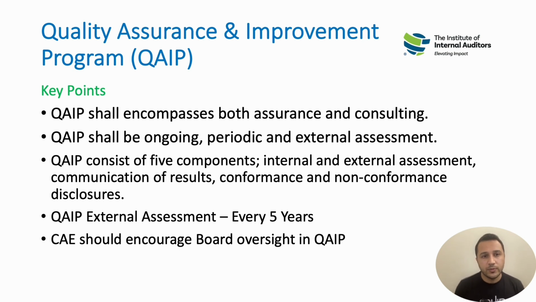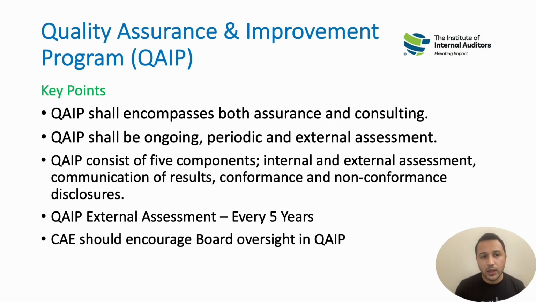Quality assurance and improvement program. This is a very essential component of internal audit activities, which means that we always stay relevant. We try to embrace new change. We try to learn and deliver in the best possible manner.